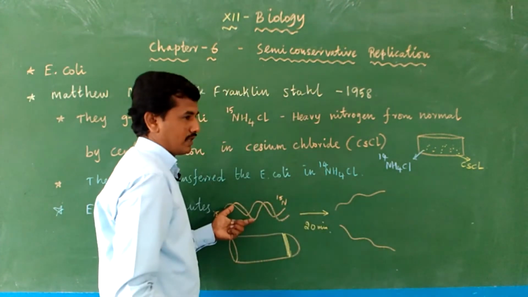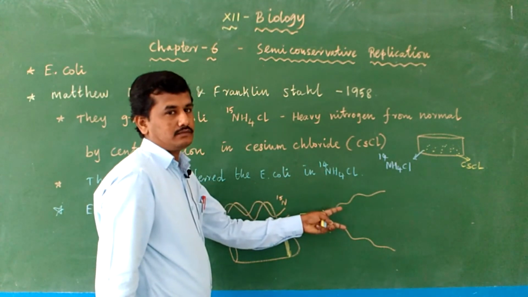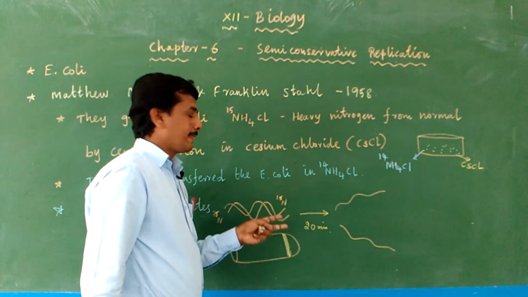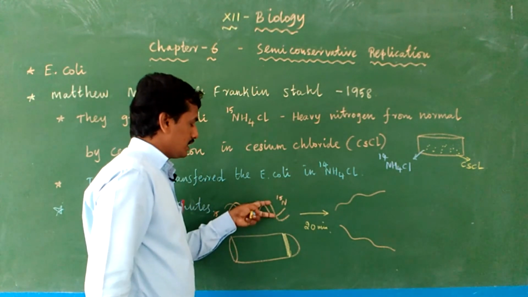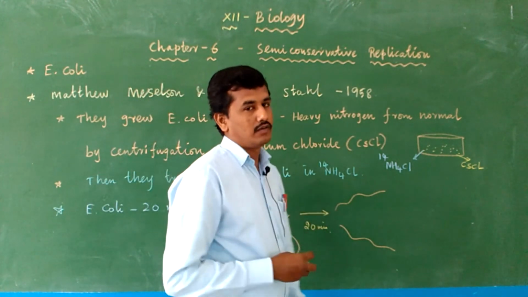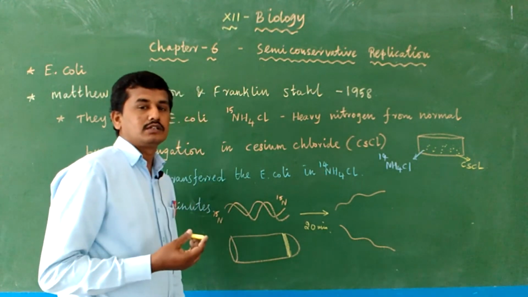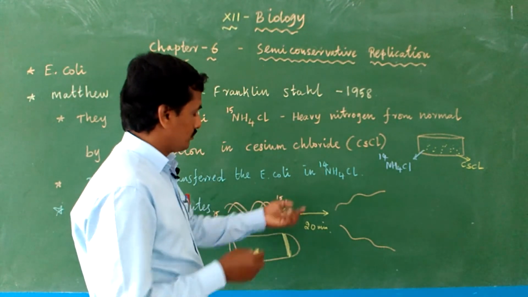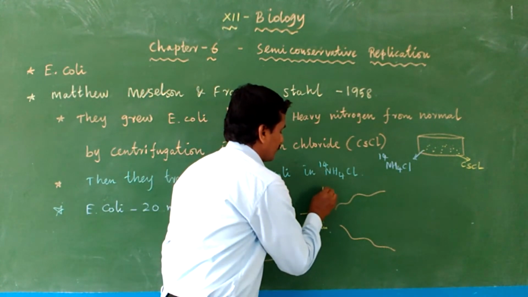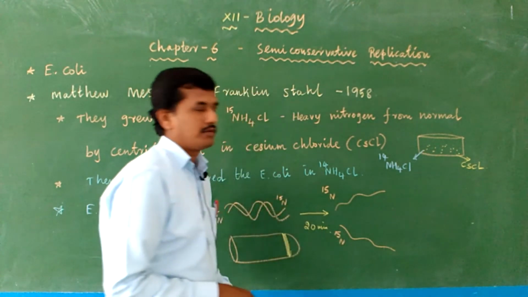Normally during replication, the DNA gets separated after 20 minutes, once the bacterium multiplies. Then new DNA is formed. Here the old DNA contains N15, as the nitrogen base from ammonium chloride.